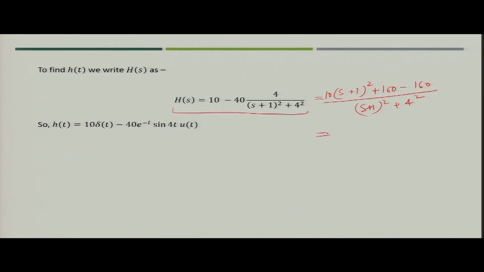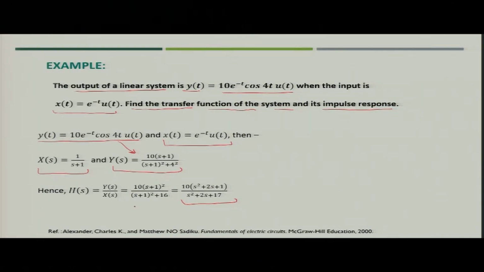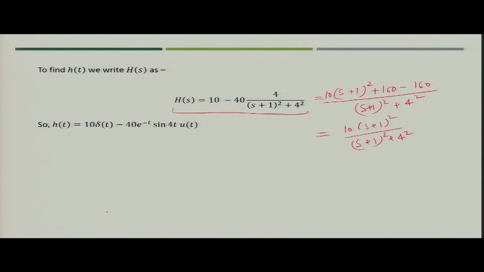So, now if you rearrange, it will become 10 into S plus 1 square upon S plus 1 square plus 4 square, which is nothing but our original transfer function.